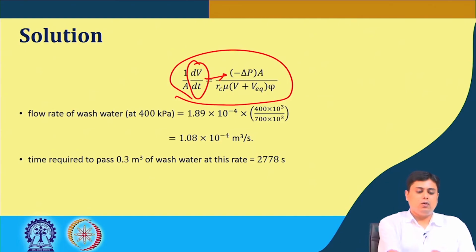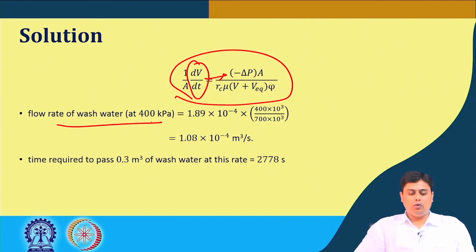So, when we reduce the pressure drop to 400 kilopascal, the rate that was there during the 700 kilopascal pressure drop, which we calculated, is effectively the wash rate at 700 kilopascal. Now, since the pressure drop is reduced to 400 kilopascal, we have a reduced value of wash rate.